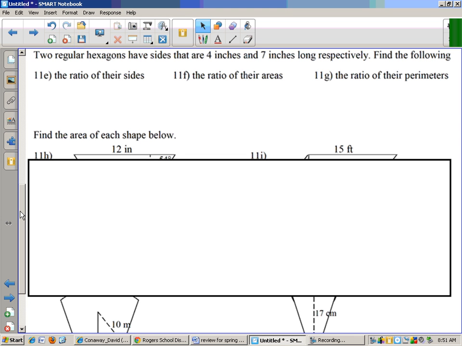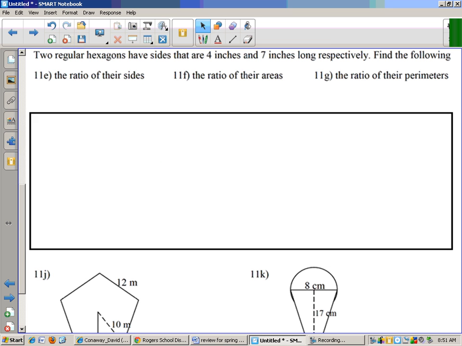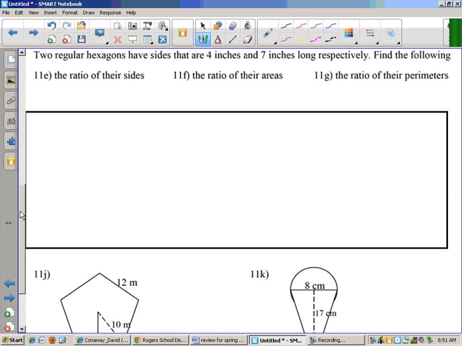Okay, two regular hexagons have sides that are 4 inches and 7 inches long respectively. Find the following. The ratio of their sides. They did not tell us which way to go with the ratio of their sides. They did not say the ratio from the larger to the smaller. So in the absence of directions, I would always just start with the first one, go to the second one.